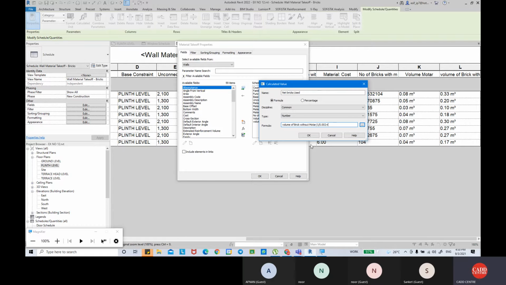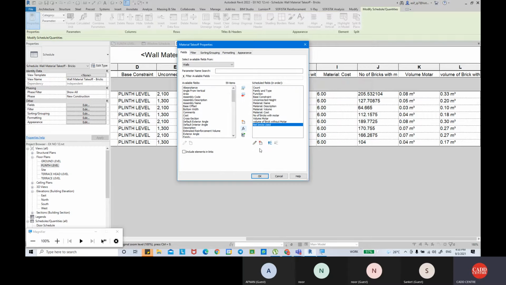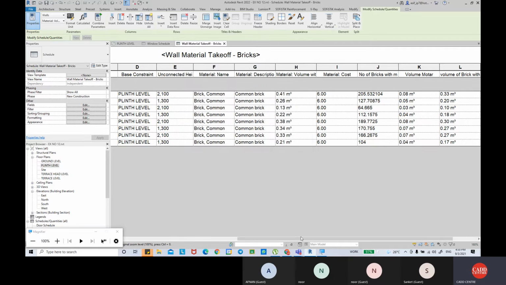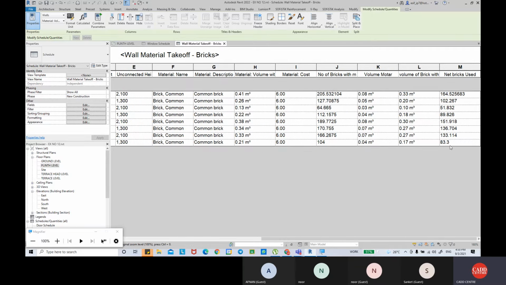So we are adding 10% wastages in the same formula. Then if I click on OK, we'll get the net number of bricks that is going to be actually used without the MOTAR basically.